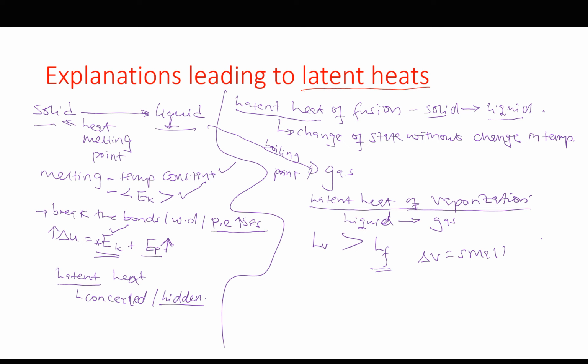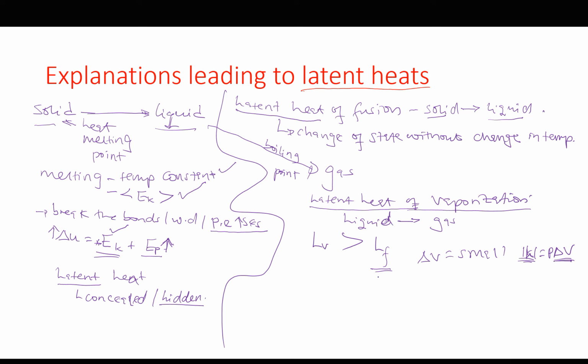And remember, work done is equal to pressure times change in volume. If the change in volume is relatively small, it means that the work done is also going to be relatively small. So during melting, a little amount of work is done to push the molecules slightly far from each other, that is, in liquids. So since little work is to be done, little amount of energy is also required.